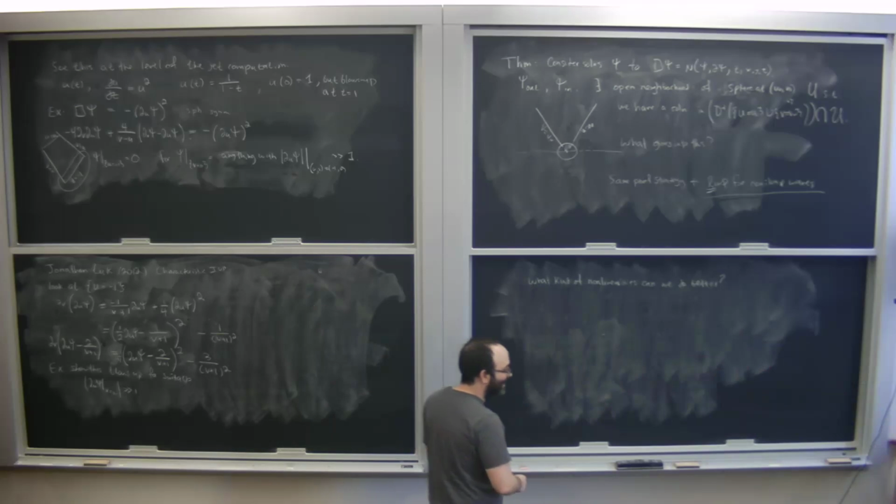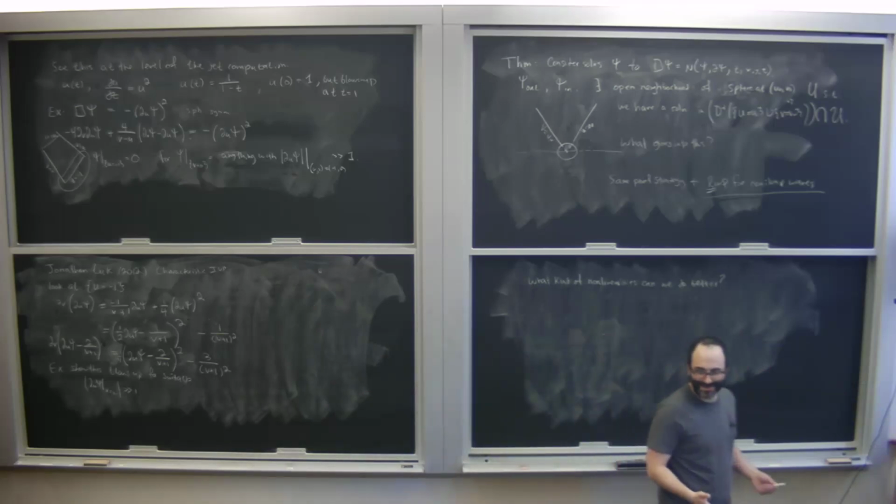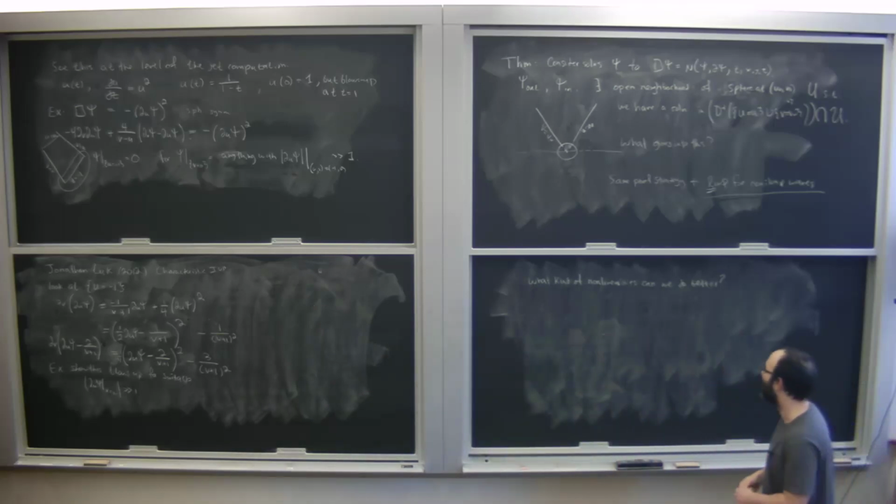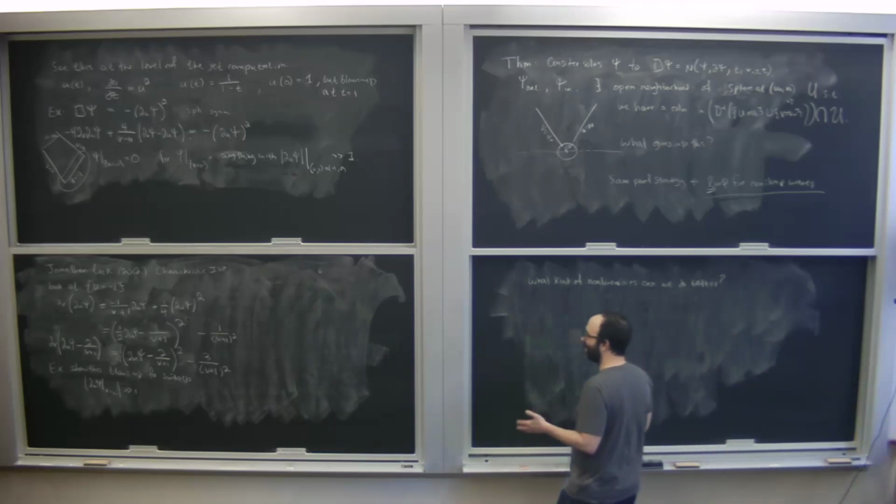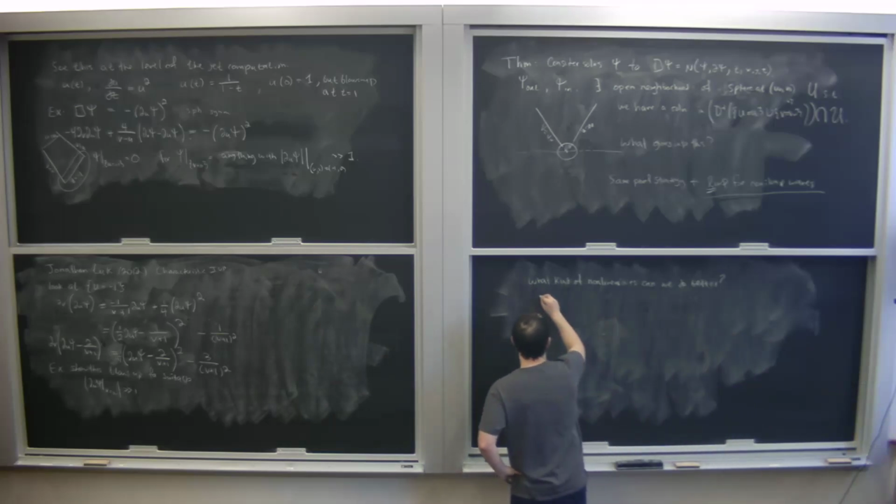Which just means that you don't want to see dv squared or du squared. Sometimes this is said to have null structure. So you need a nonlinearity with null structure.